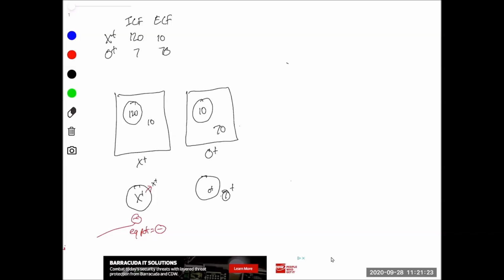I open a channel and the O plus diffuses in. As O plus diffuses in, we're taking positives from outside to inside, and the inside becomes more positive. So it is, in fact, as we expected, my equilibrium potential sign is positive.